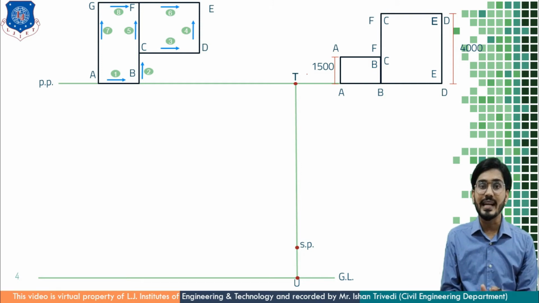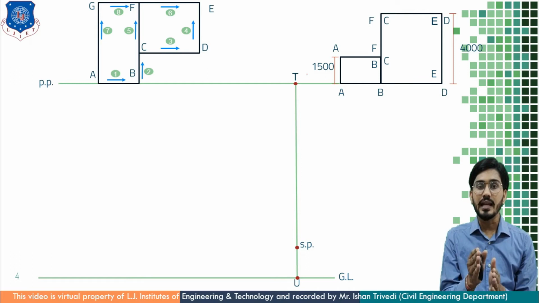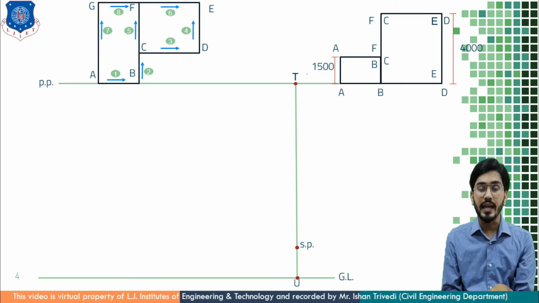Why? Because the face DE is perpendicular to the picture plane, and that's why I am getting the SP to T line perpendicular to the picture plane. If DE's face is making an angle of 30 degrees, then in a similar way the SP to T line is also parallel to the DE line and makes the same angle. Clear? But in this one point perspective case, the SP to T and T to U line is a single line.